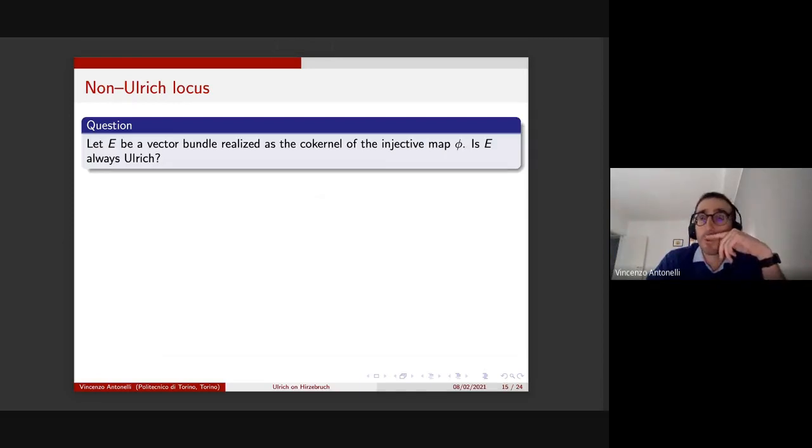The easiest way to do so is just to consider vector bundles over P1 and pull them back over the variety with the right invariants. You can combine them. You obtain something that fits into the resolution, but it's not Ulrich. So that's one way to construct counterexamples. But you can do something better. You can actually describe the locus of non-Ulrich bundles inside the space of matrices.